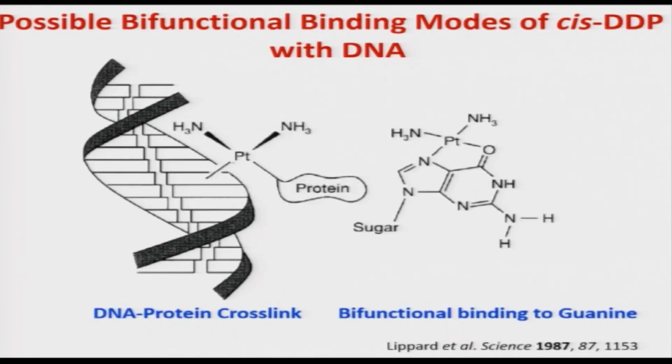You can see that DNA is coordinated with platinum in a monodentate fashion. This nitrogen is coordinated, and so the DNA protein cross link is shown here, and bifunctional binding to guanine is also shown here, but these are all very minor possibilities of binding of cisplatin to DNA.